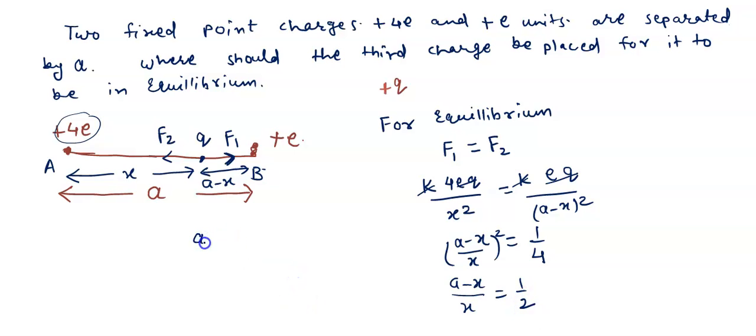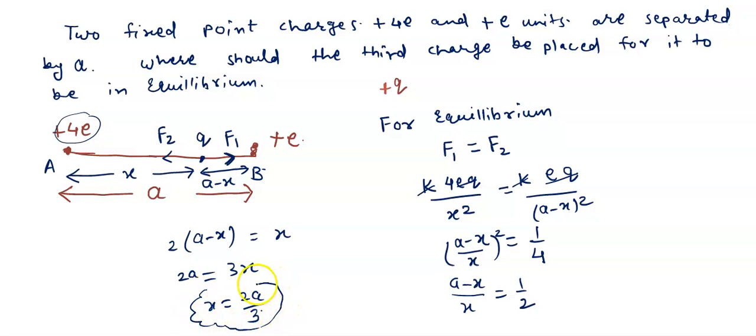Or you can write A minus X into 2 is equal to X. Twice A is equal to thrice X. X is equal to 2A by 3. So this distance should be 2A by 3. Okay, so it should be kept at a distance 2A by 3 so that equilibrium can be achieved.